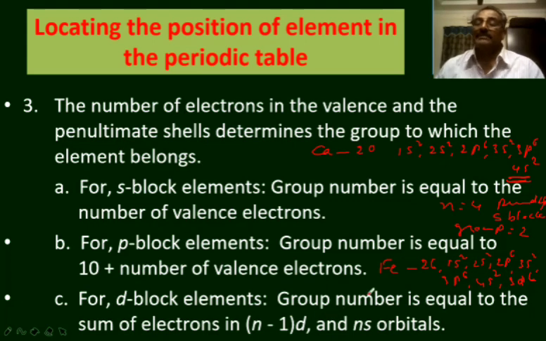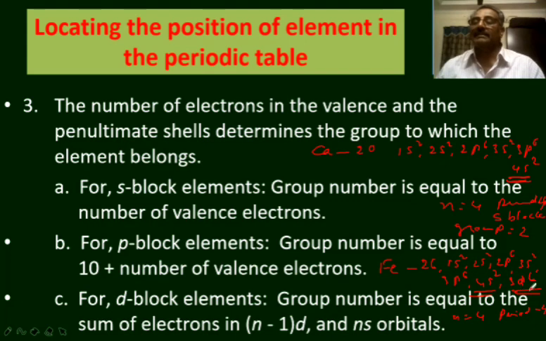In this case, the differentiating electron is in the d orbital, but the valence shell is the fourth shell. That is, the principal quantum number of the valence electron is 4 also. So iron belongs to the fourth period, not the third period.